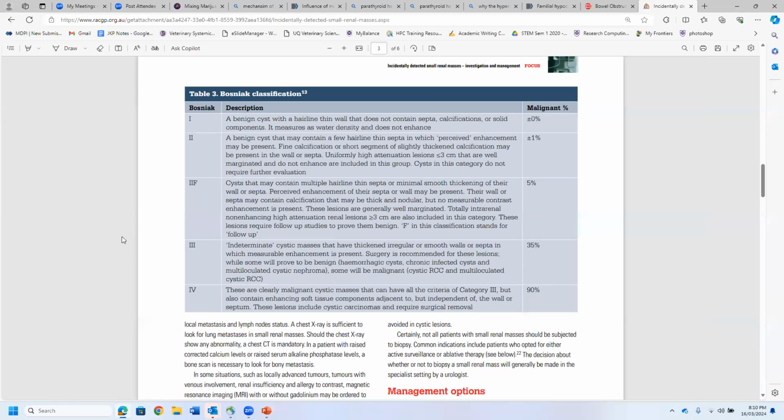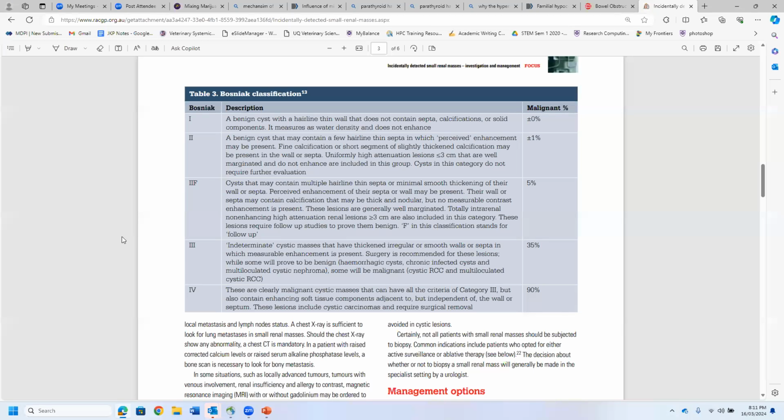If you look over there, Bosniak 1 says that if it's a growth with the hairline thin wall that does not have any septa, calcification, or solid components, it's a simple renal cyst and malignancy percentage is 0. So it does not require any fine needle aspiration or cytology. It does not require any excision unless it's causing pressure symptoms.